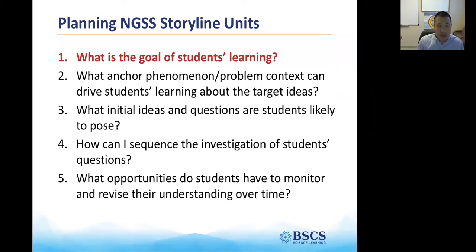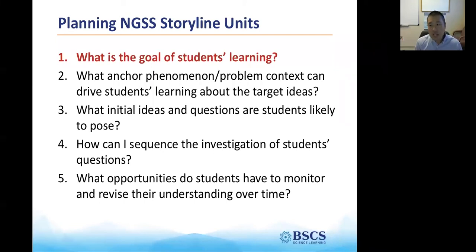And then, because we want students to be the individuals figuring these things out, we want to make sure we understand what ideas kids are likely to raise, what questions they are going to be thinking about that we can then use to frame instruction. We can then think about how we can take those questions and sequence them into a coherent sequence, so that through the answering of those questions will help them to further understand the phenomenon.